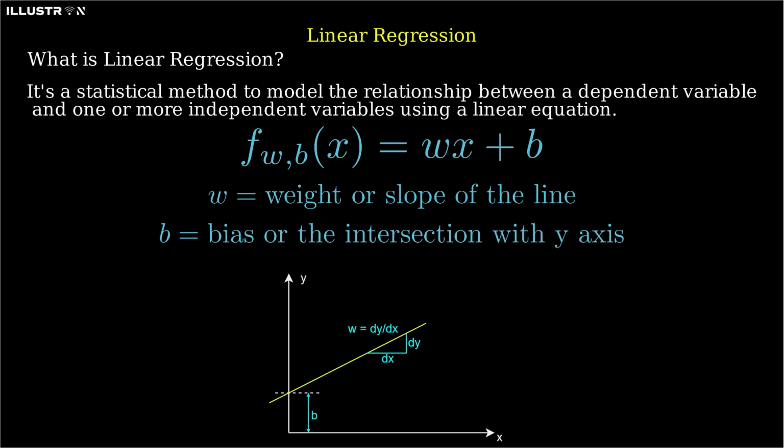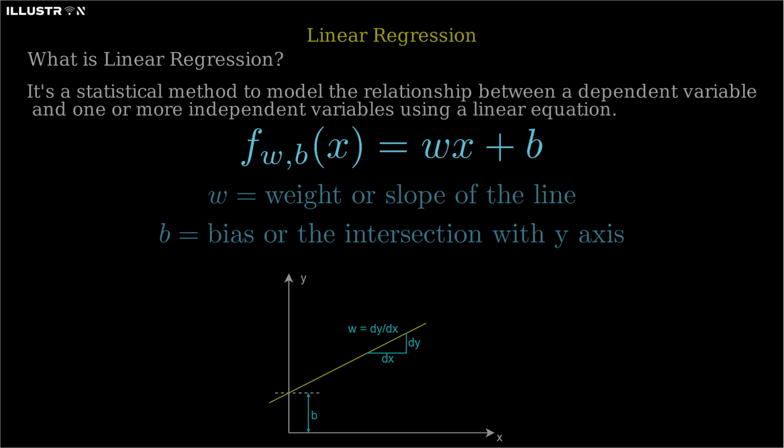Think of the weight, w, as the importance of study hours in determining the final grade. A higher weight indicates that study hours have a greater impact on the final grade. The bias, b, represents the baseline grade a student might get even without studying.